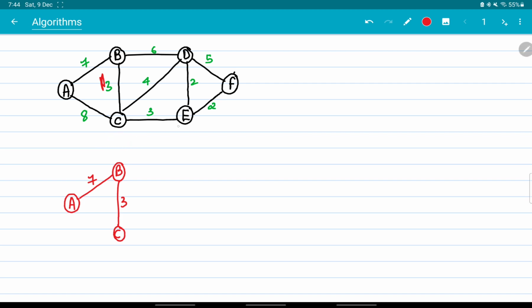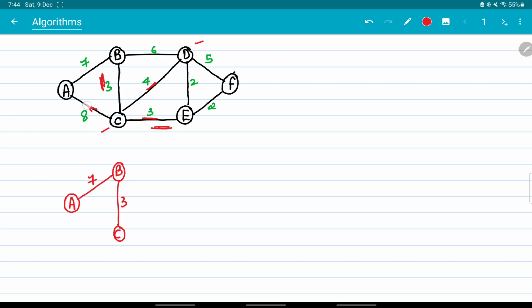Okay, so B is attached to C, and then you have C that is attached to E, then your C is attached to D as well, and A is attached to C. So out of these values, check out which is the smallest one. Now if you see here, C is attached to D, but the value of that is 4, and C is attached to E, the value of that is 3.